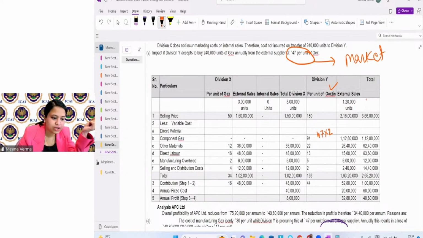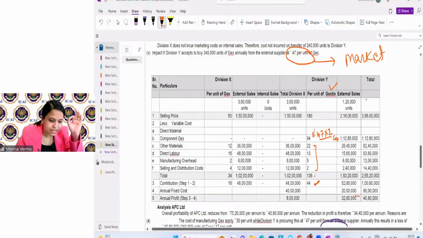So 47 into 2, because for one unit of production they need 2 units. This will be the cost of JEX for them, and they are buying it from the outside market. Remaining costs we know. They are incurring all these costs. This will be the total cost, and the contribution has reduced. Contribution is now 44 for them. So this will be the contribution. If you see in this case, their profit is now this.